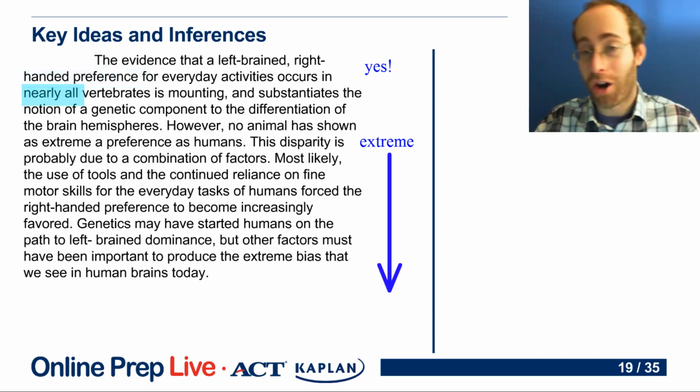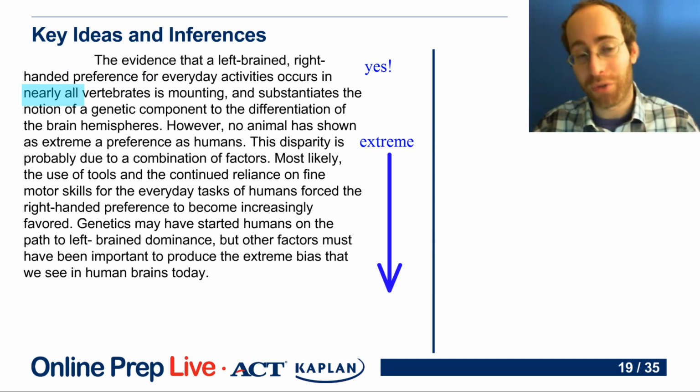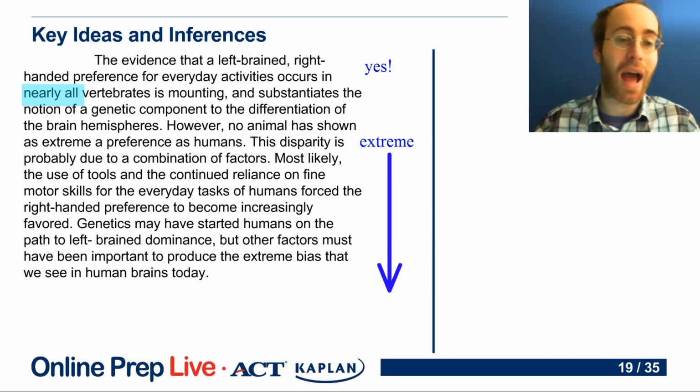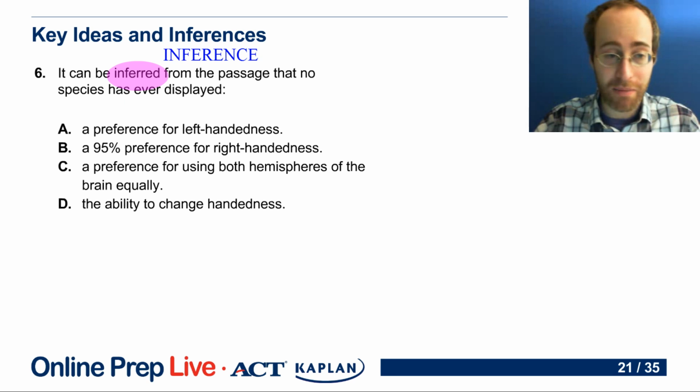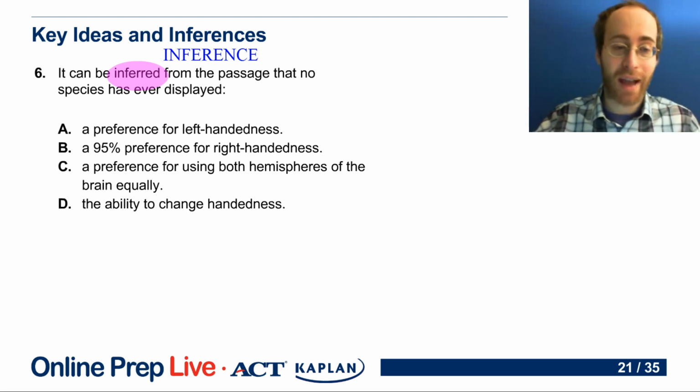Nearly all. It doesn't say all. So it's possible that there are a few vertebrates that do have a right-brained, left-handed preference. So we can definitely eliminate choice A because it is extreme. It's not something that we can prove from the information in the passage. The opposite of choice A is still possible given the facts in the text.